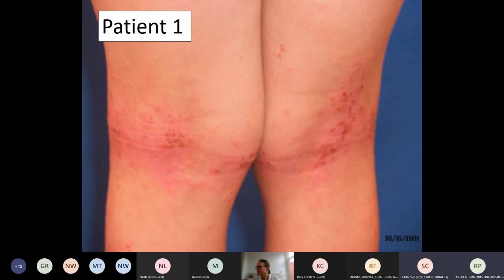Right, lots on the chat. Symmetrical. Yep. Hang on. Poorly defined, vesicular, all of the above. Erythematous, symmetrical, excoriated from scratching.